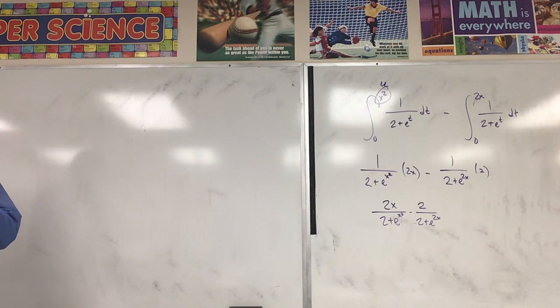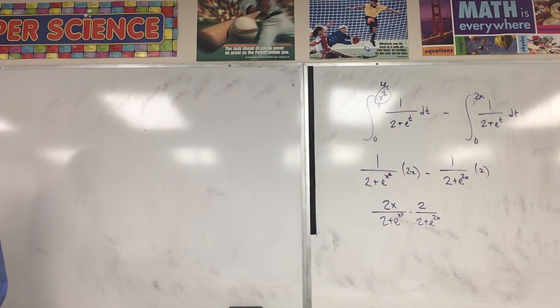Y equals the integral from 0 to x of sine squared t dt. Find dy dx. That would equal sine squared x. Number 2, from 2 to x, 3t plus cosine squared t squared dt would be 3x plus cosine x squared.